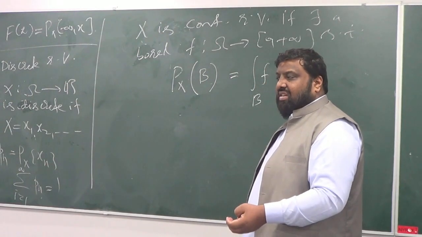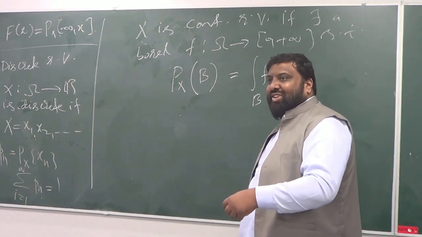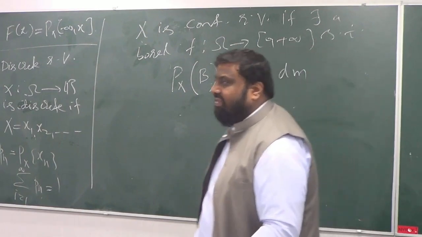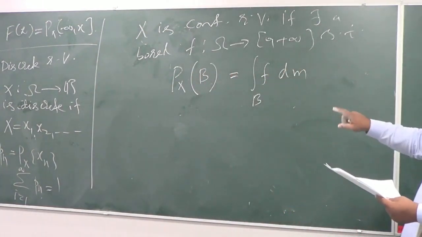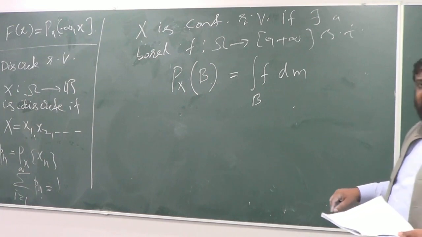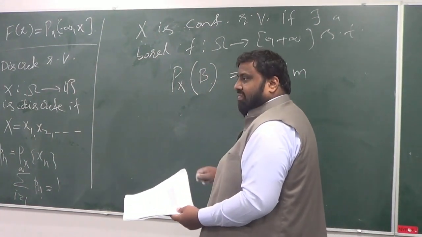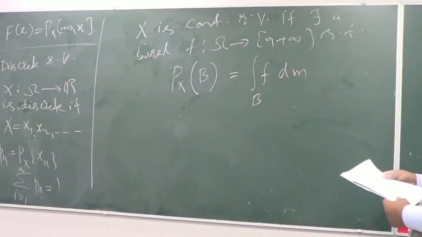If you can quantify the chances through a Borel map, then you call such a random variable a continuous random variable. It's a bit of a sophisticated version of English. So if a random variable is continuous, I can quantify the chances through a Borel measurable map.